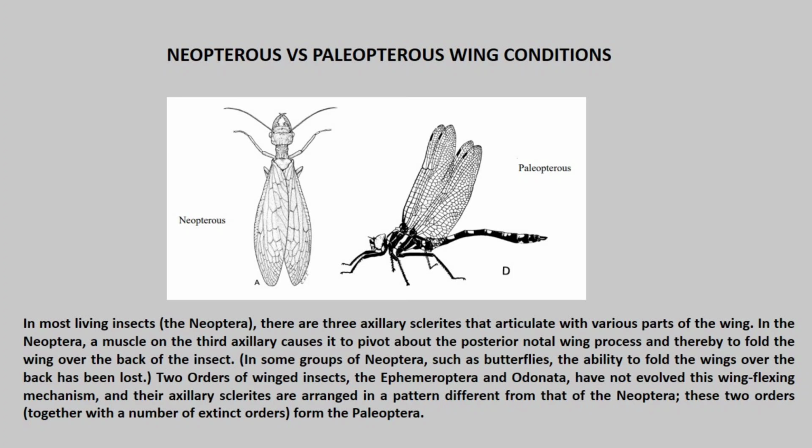In some groups of Neoptera, such as butterflies, the ability to fold the wings over the back has been lost. 2 orders of winged insects, the Ephemeroptera and Odonata, have not evolved this wing flexing mechanism, and their axillary sclerites are arranged in a pattern different from that of the Neoptera. These 2 orders, together with a number of extinct orders, form the Paleoptera.